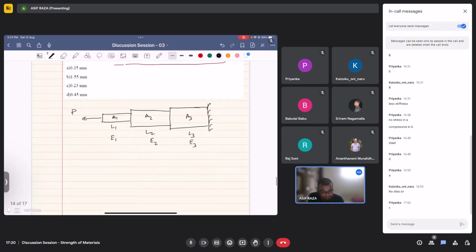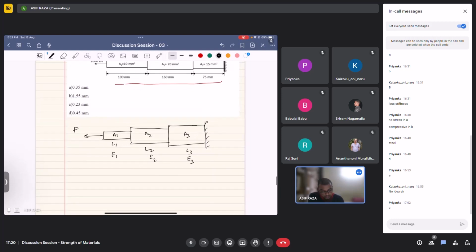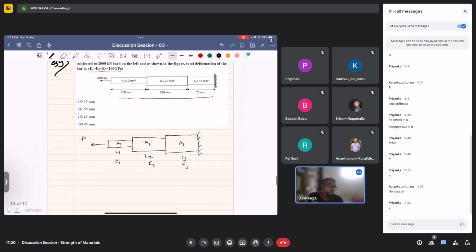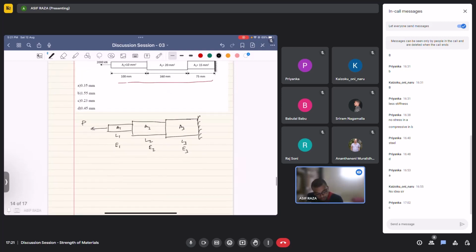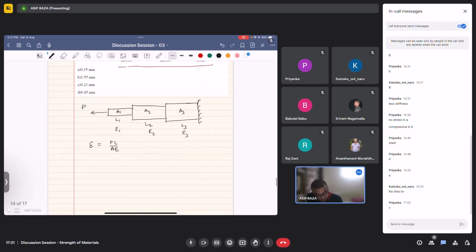For this case, since the deformations would be cumulative in nature, and you know the formula for the deformation or elongation, it is equal to PL upon AE, right?